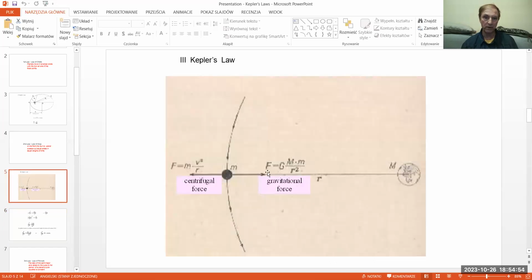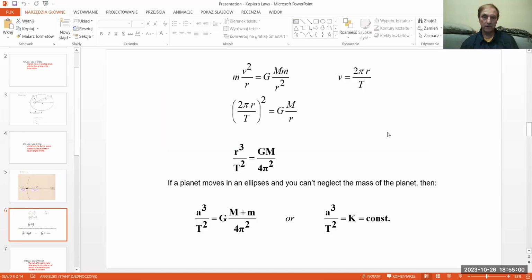This is the same as what is over here. And we are driving up to get a certain interrelation between the radius, or more precisely the semi-major axis, and the period in this motion.